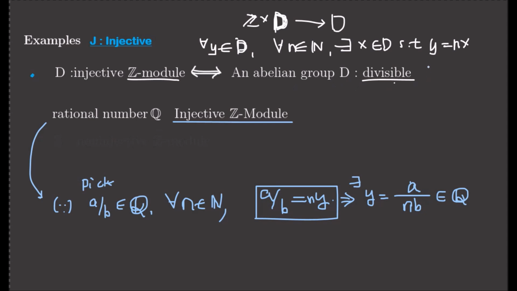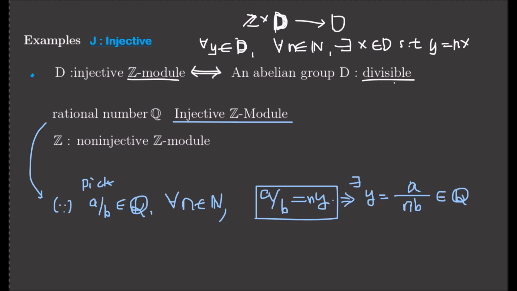D is divisible, and by the theorem, D is an injective Z-module. Of course, I will omit the proof, but this tool is useful to check which is an injective Z-module.